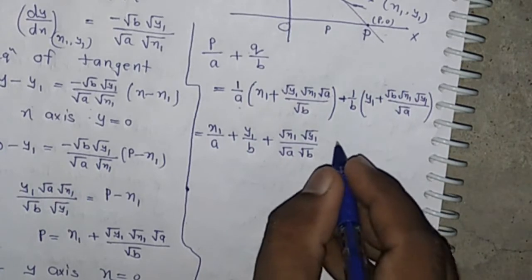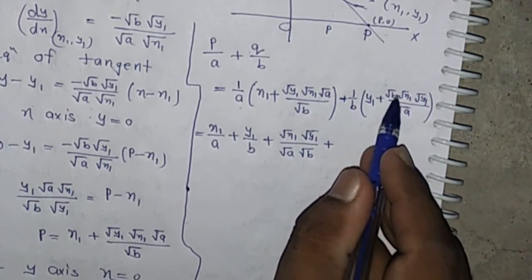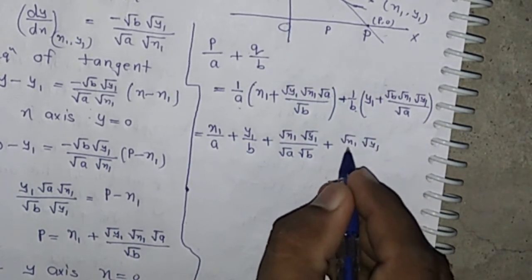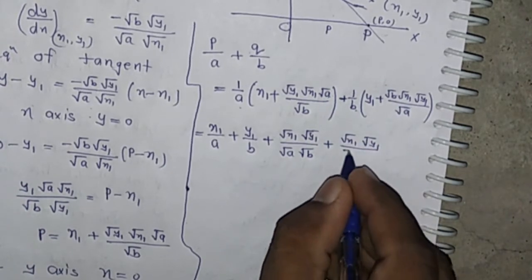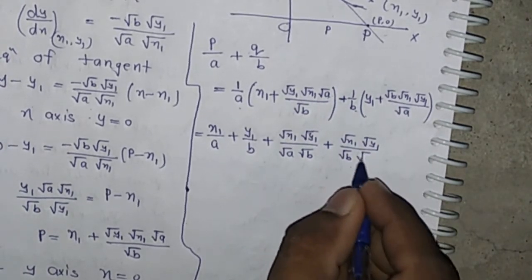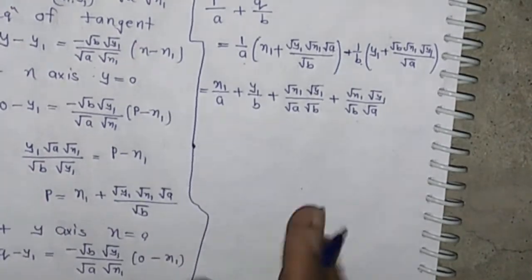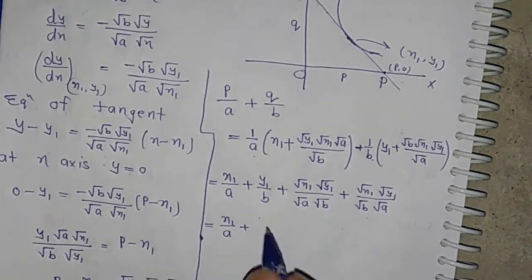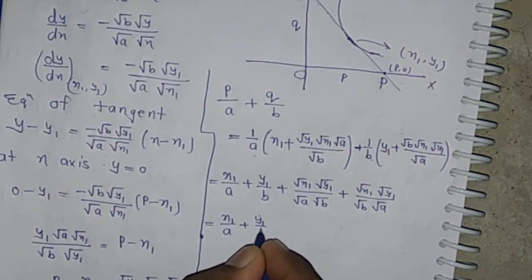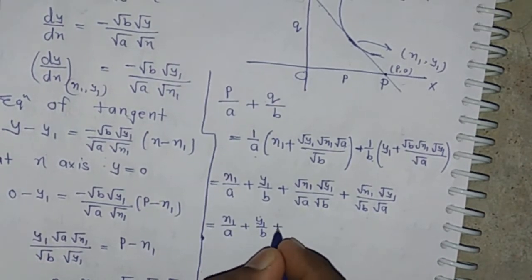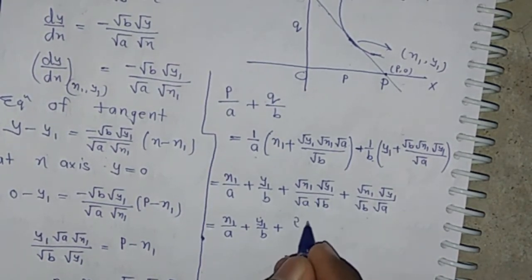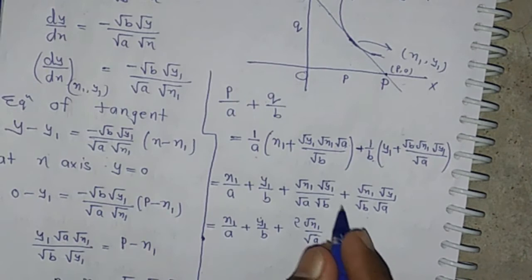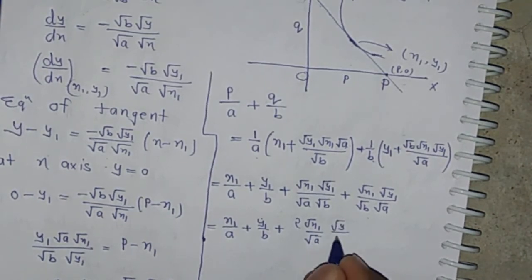Similarly, root b by b, so we write x1 y1 root b by b by root a. Now it is x1 by a plus y1 by b plus 2 root x1 by root a root y1 by root b.